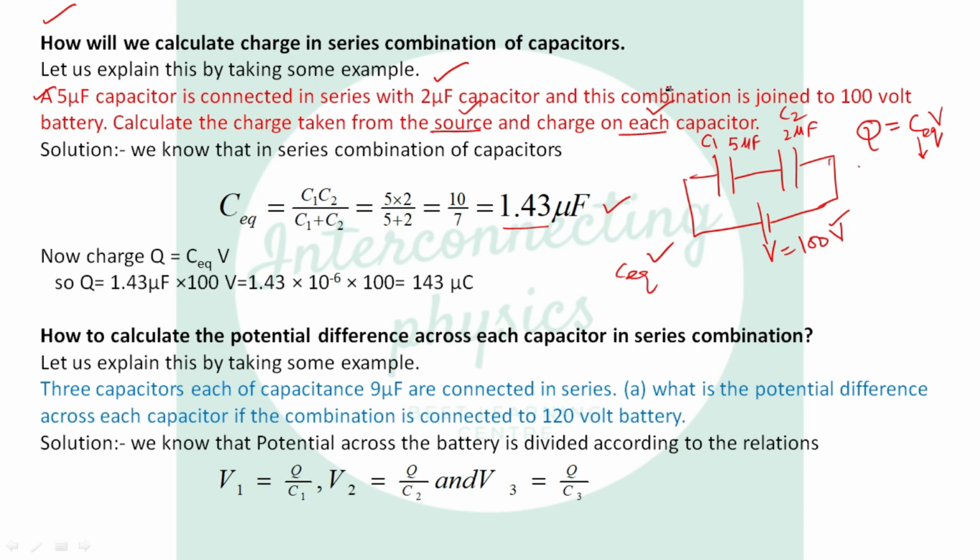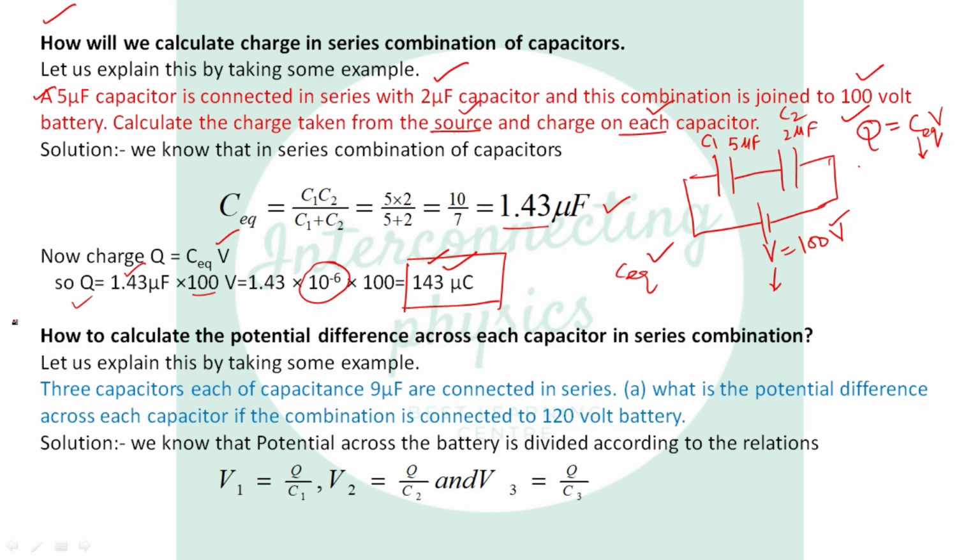It means you just have to calculate Q. So put the value of C equivalent and the potential we are given, 100 volt. 1.43 microfarad into 100 volt is 143, and 10 raised to power minus 6 makes it micro, and the SI unit of charge is coulomb. So 143 microcoulomb is the charge from the battery, and the same charge will be on each capacitor, because in series combination the charge on each capacitor is the same.